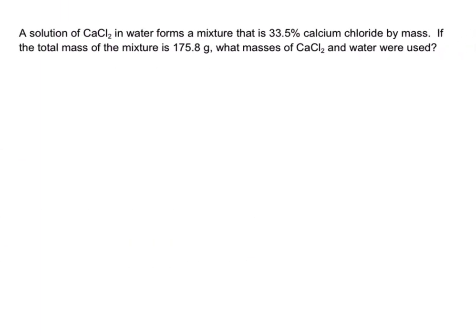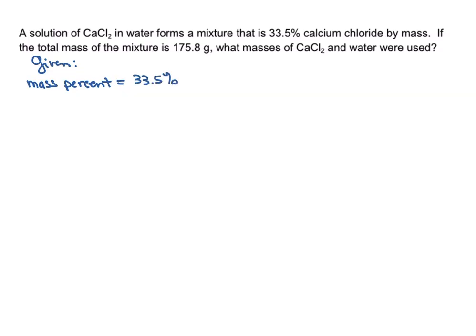A solution of calcium chloride in water forms a mixture that is 33.5% calcium chloride by mass. If the total mass of the mixture is 175.8 grams, what masses of calcium chloride and water were used? I like to start off with my given information, so I'm going to break down my story problem and see what I have. They start off by giving me the mass percentage, and this is 33.5%.